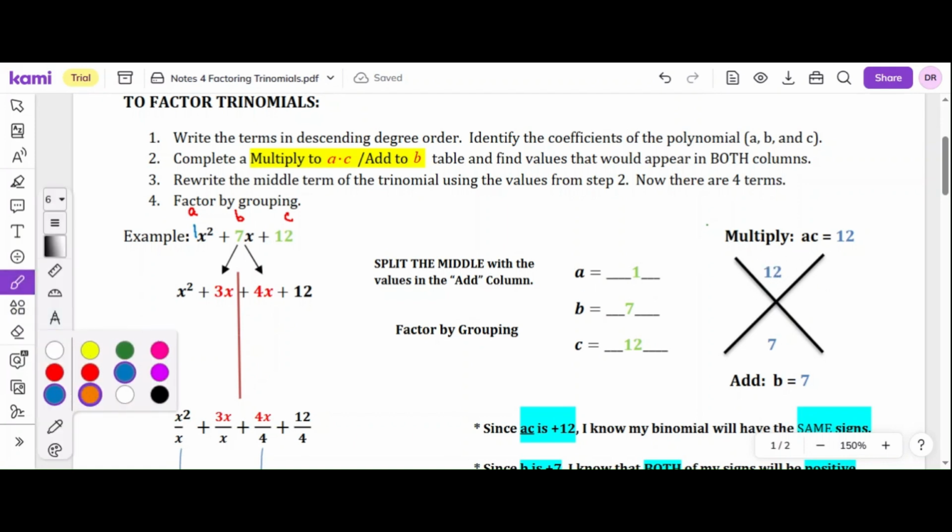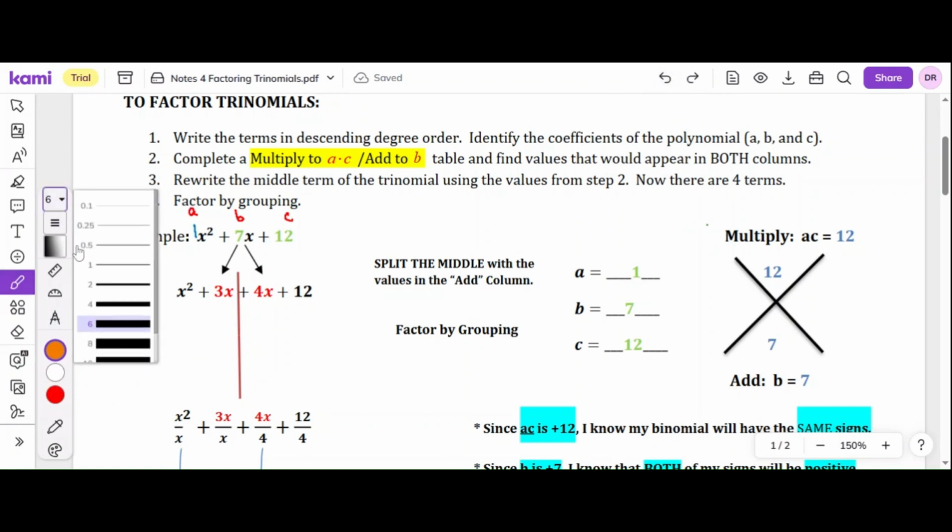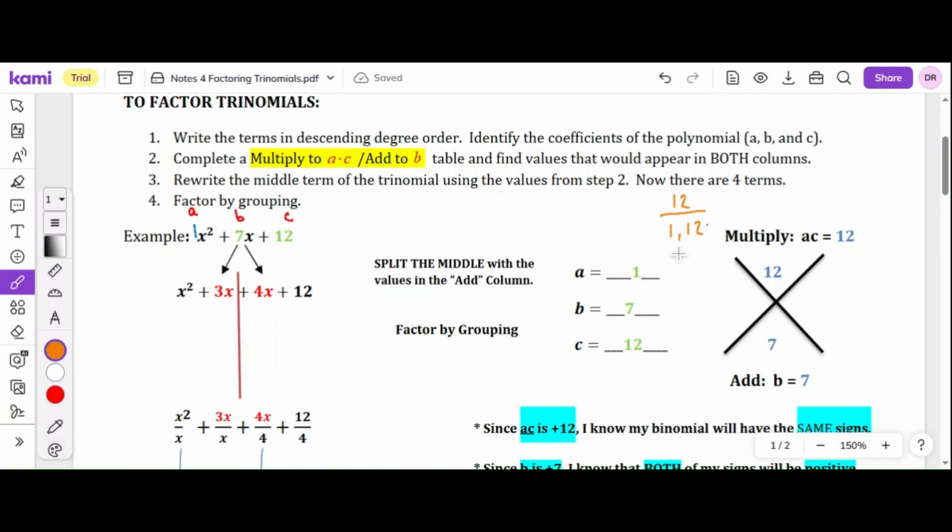So if you take a look here, when we think of numbers that multiply to 12, we have a few options. Let's think about it. With 12, maybe we have the numbers 1 and 12. Those multiply to 12, but we do have another case of 2 and 6 and 3 and 4. And when we look at these three sets, we know that all three of these options multiply to this top number of 12.